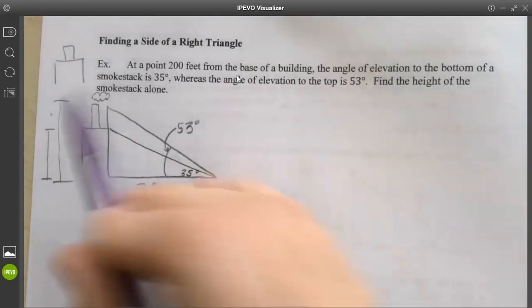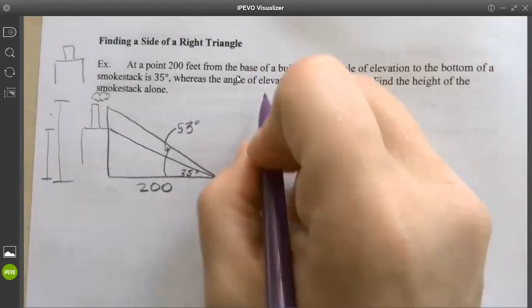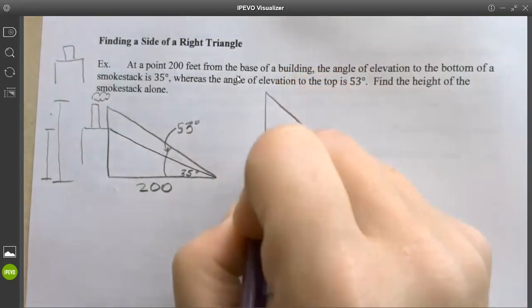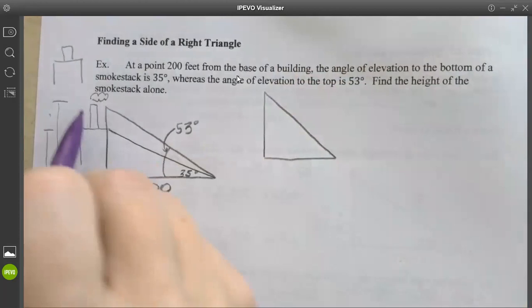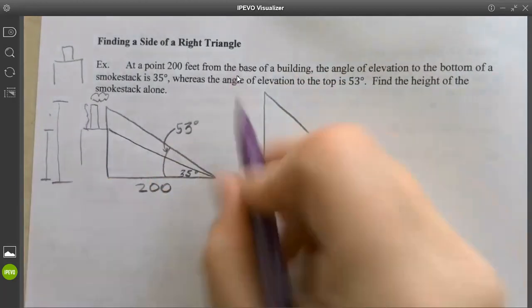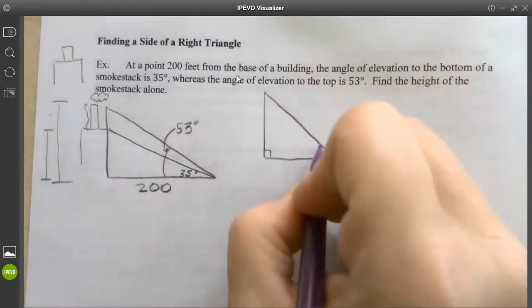So let's start with the full building. No, just how tall the smokestack is, that's what we're looking for. So we're going to start with the full building.